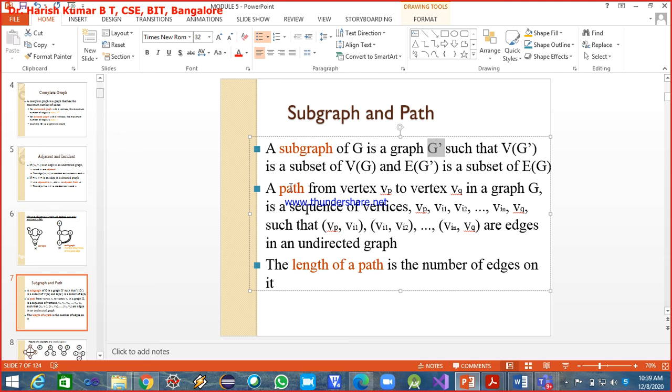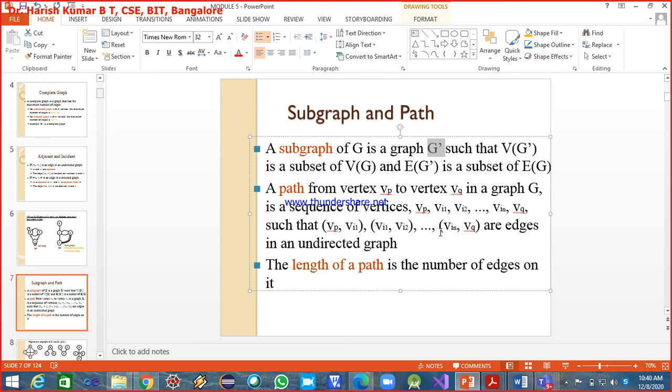Now say a path from the vertex VP to vertex VQ in a graph G. When I say there exists a path from vertex VP to vertex VQ in a graph, that means there is a sequence of vertices VP, VI1, VI2, ..., VIN and VQ, such that VP and VI1 form an edge, VI2 and VI3 form another edge, and VIN and VQ form one more edge.